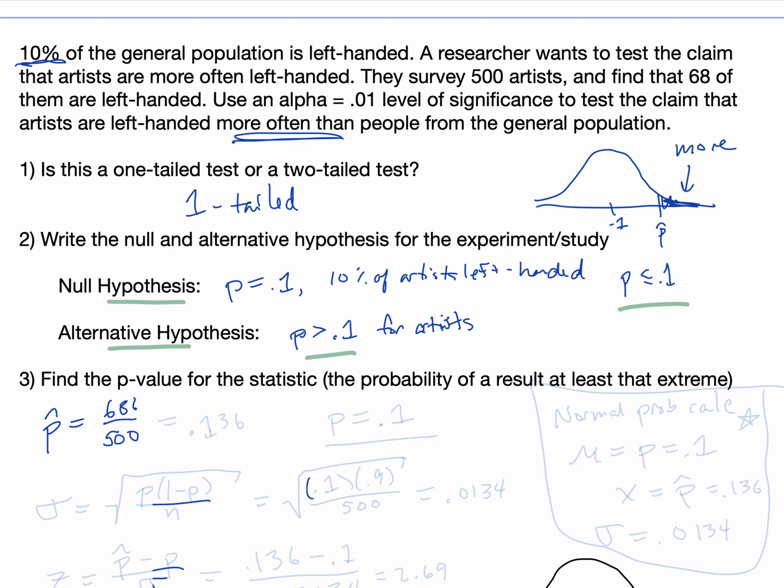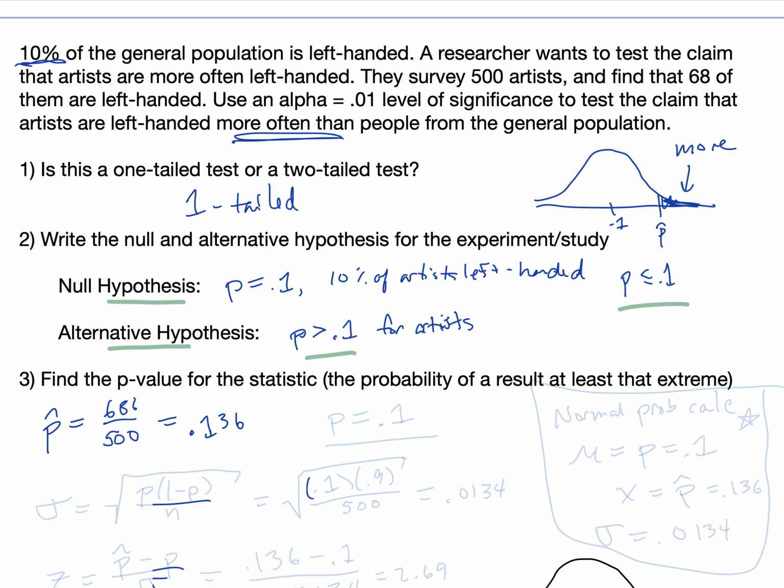We surveyed 500 artists, 68 of them said that they were left-handed, and if we calculate that out as a proportion, that's 0.136 as a decimal. So we found this result, 0.136, and comparing that with our null hypothesis that the proportion is still 0.1, we're saying what's the probability of a result at least this extreme?